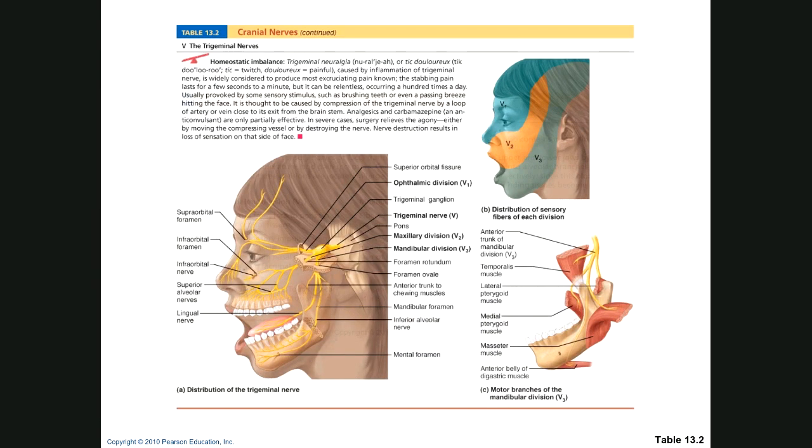The trigeminal starts out as one nerve, which is going to synapse at a ganglion called the trigeminal ganglion. And from there, it's going to come out of the ganglion as 3 nerves. It's going to have one ophthalmic branch, a maxillary branch, and a mandibular branch. This is the first mixed nerve of the 12 cranial nerves.